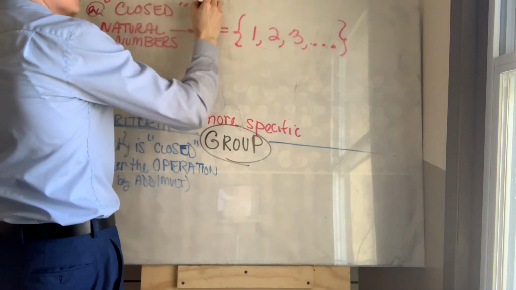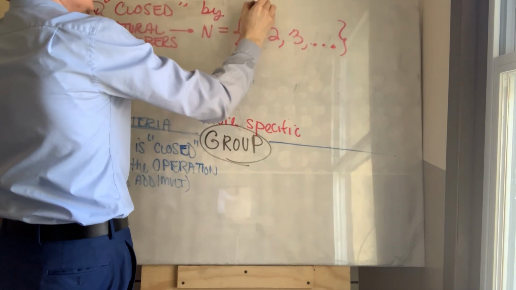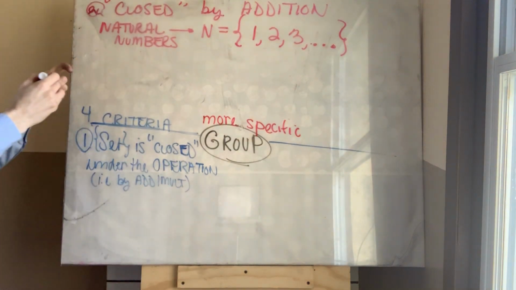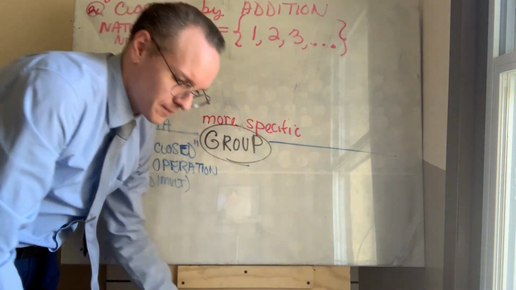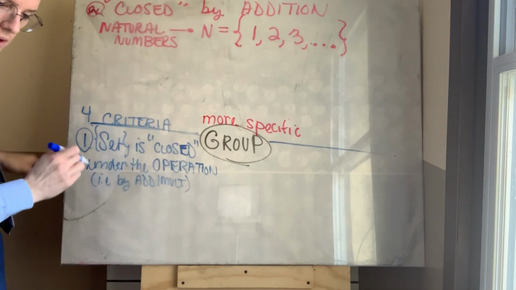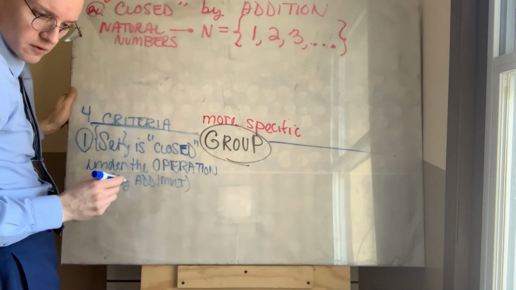The natural numbers are closed by addition. And that means that, let's see, how shall I phrase this?